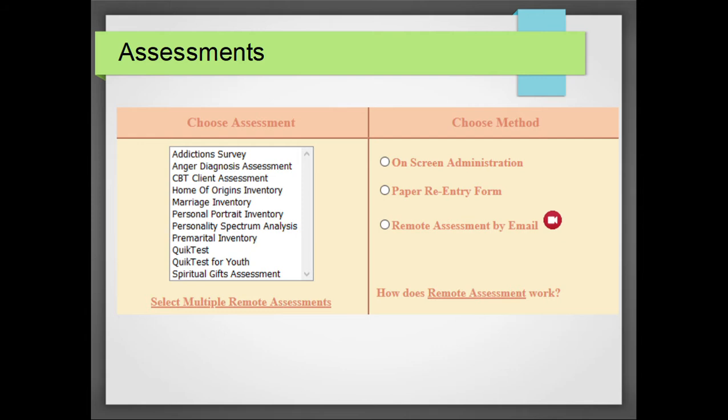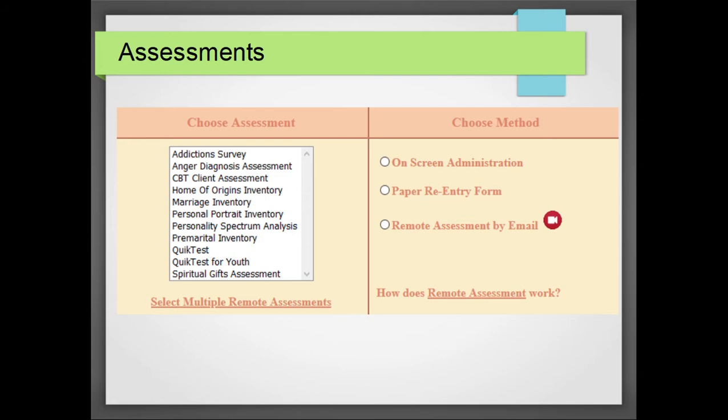Very quickly, these assessments are something that, if you look at other systems, you will not find that they have, especially in such a specific drill down manner. Addiction survey, addictions and dependencies of all types, including 8 behaviors associated with addictions.